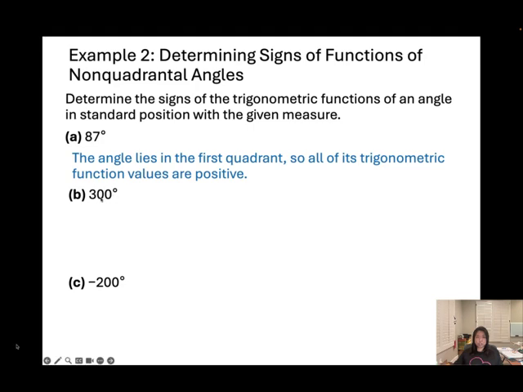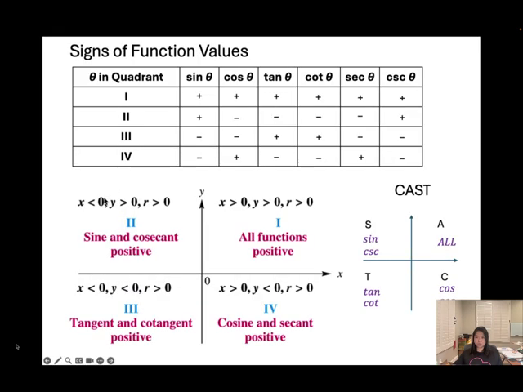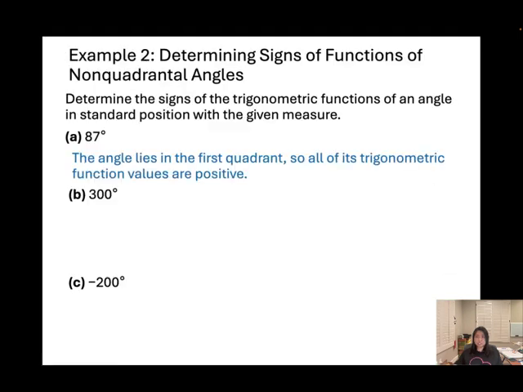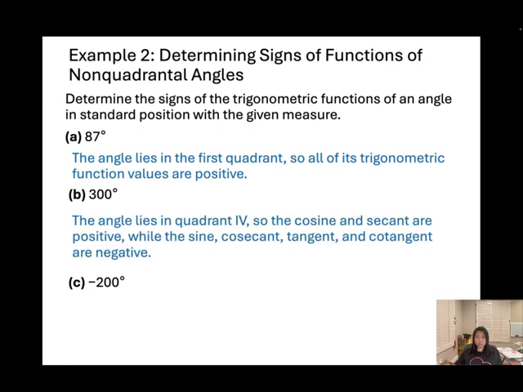B, 300. This is 270, right? So 300 should be in quadrant 4. In quadrant 4 only cosine and secant will be positive. Other than that, it's going to be negative. So cosine and secant are positive, while sine, cosecant, tangent, and cotangent are negative.